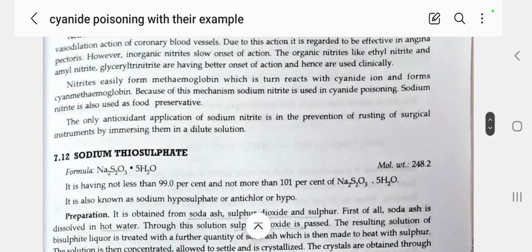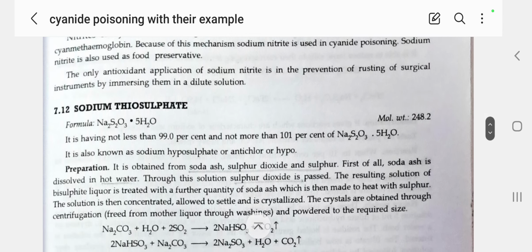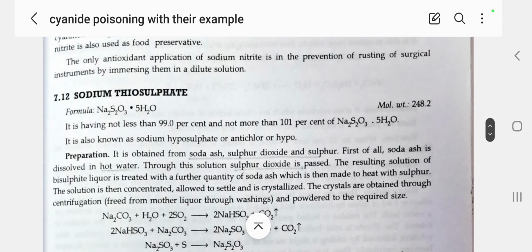The molecular weight is 248.2, and the purity is not less than 99% and not more than 101%. It is also known as sodium hyposulphite, antichlor or hypo.